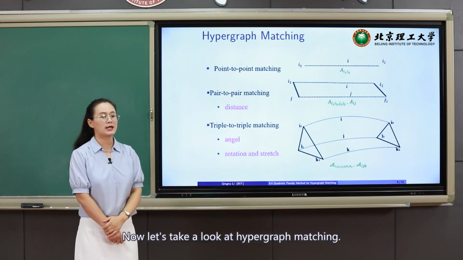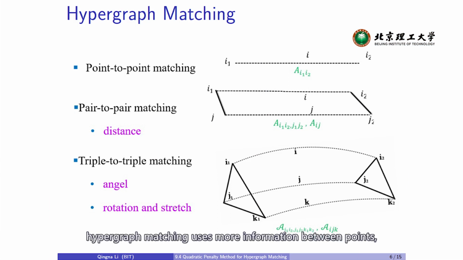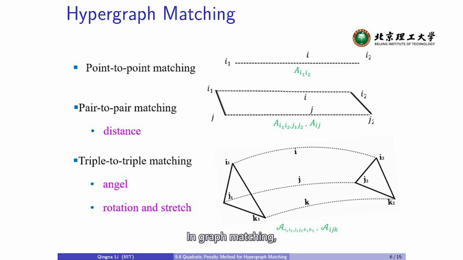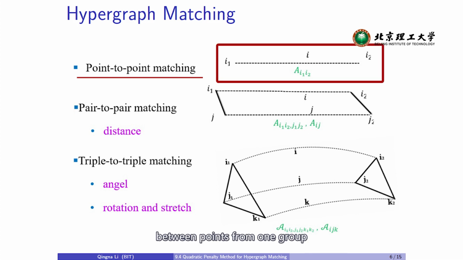Now let's take a look at hypergraph matching. Compared to graph matching, hypergraph matching uses more information between points. We start with graph matching. In graph matching, we may use point-to-point matching information, meaning that we build up some correspondence between points from one group to points in the other group, and we have some matching score.